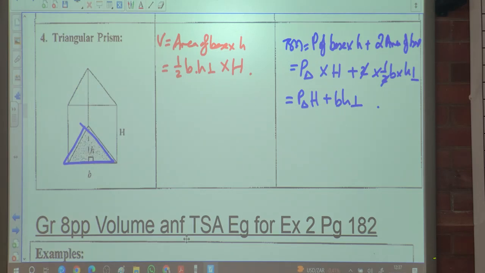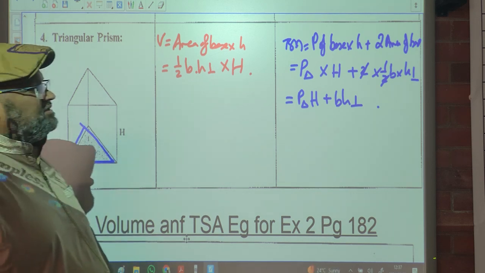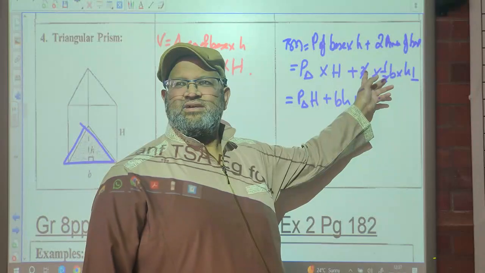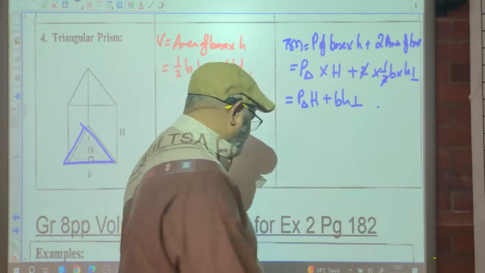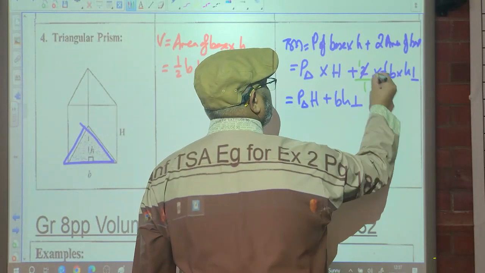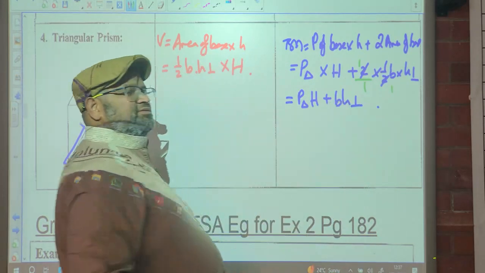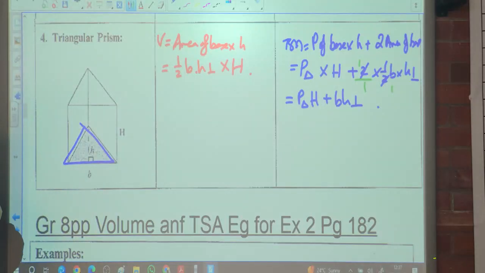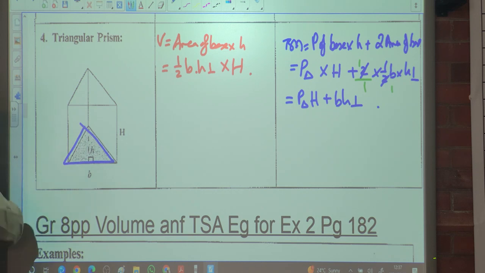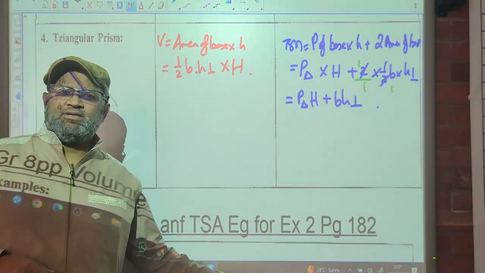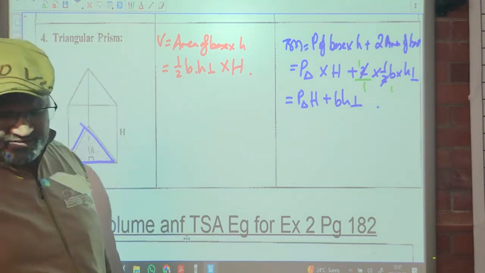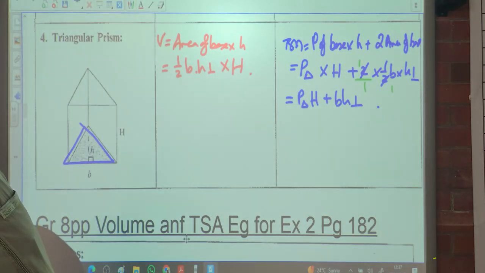Why do you cut lines through numbers? Why do you think? It simplifies. 2 goes into 2 once. 1 times 1 is 1, which gives me 1 and I don't have to write it. Anything else? Yes? When you do the formula, do you have to specify what is perpendicular?